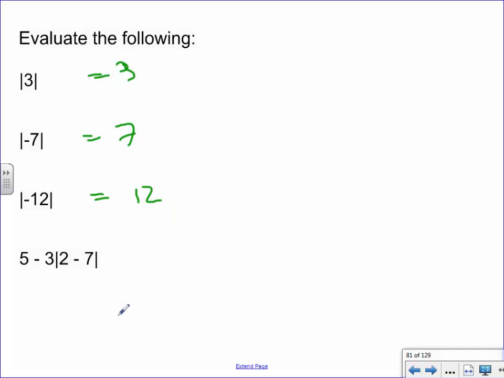Well, think of the absolute value as a set of brackets. What I'm really asking you to do here is 2 minus 7, which normally would be minus 5, right? But this absolute value means that although this would be minus 5, now we're going to make it plus 5. So what we're really being asked to do is 5 minus 3 times plus 5. Minus 3 times 5 is minus 15, which means the answer is negative 10.